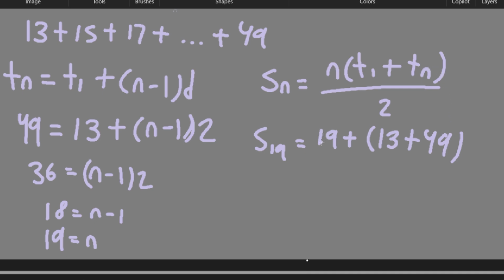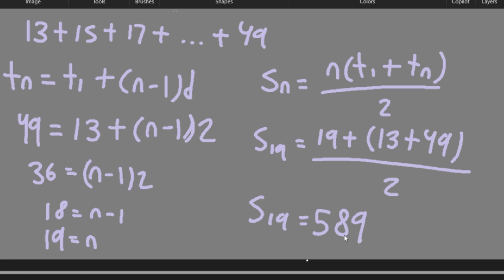It's asking us to find the sum of the entire sequence, but we don't know what n is. So by finding out how many terms are in the sequence using 49, we know that there are 19 terms in the sequence. So finding the sum of the first 19 terms is the same as finding the sum of the entire sequence. Divided by 2. So S19 will be equal to 589.